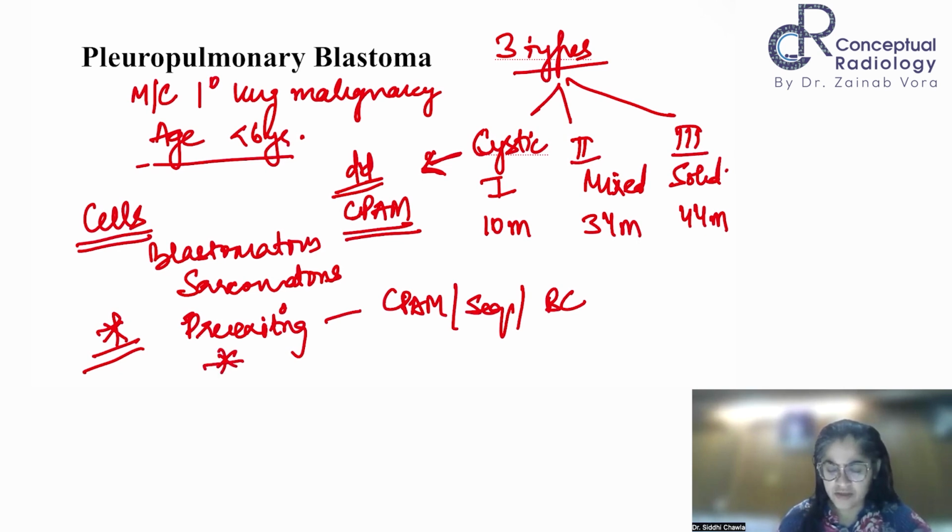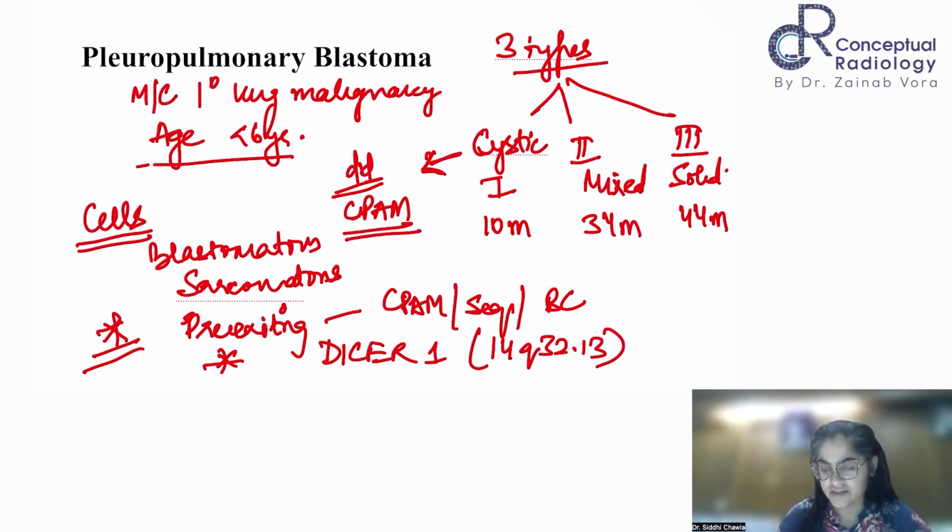And another important factor about pleuropulmonary blastoma is its association with the DICER1 mutation, particularly if you can remember 14q32.13. This is the genetic marker for the DICER1.